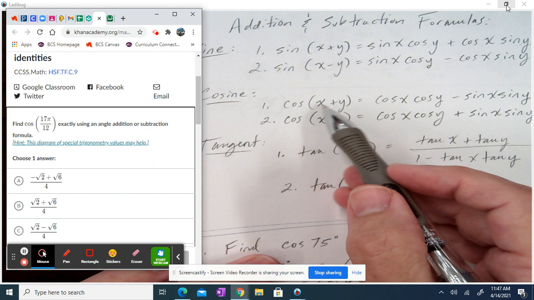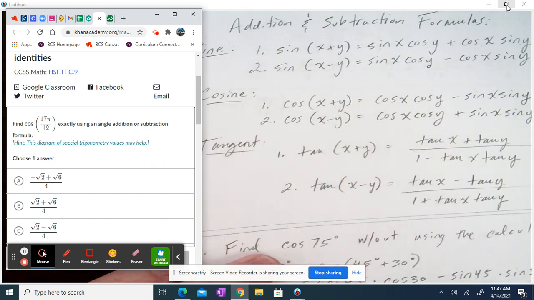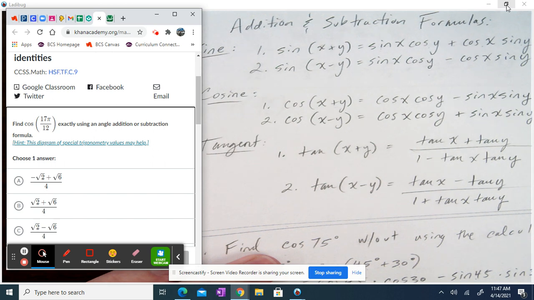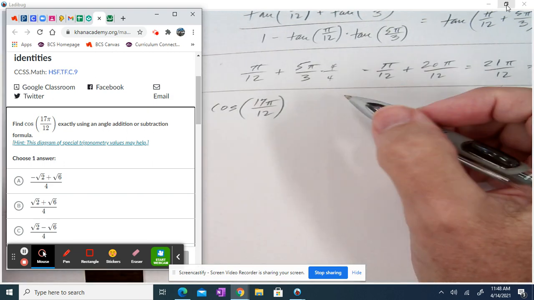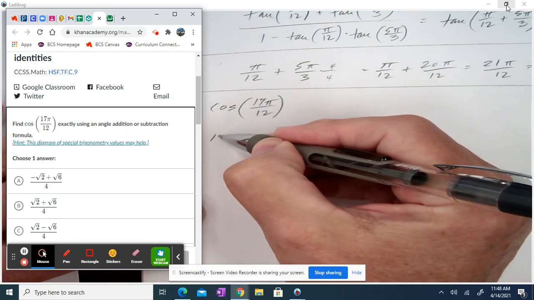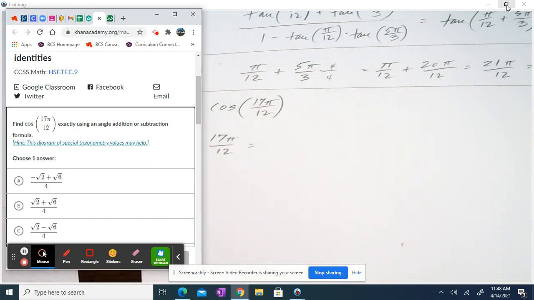I want those two pieces, hopefully, to be on the unit circle sheet. So you have to play around with this a little bit. So 17 pi over 12, what can I break this into?